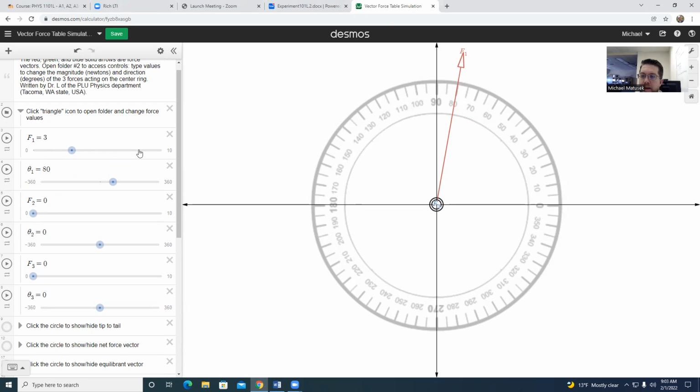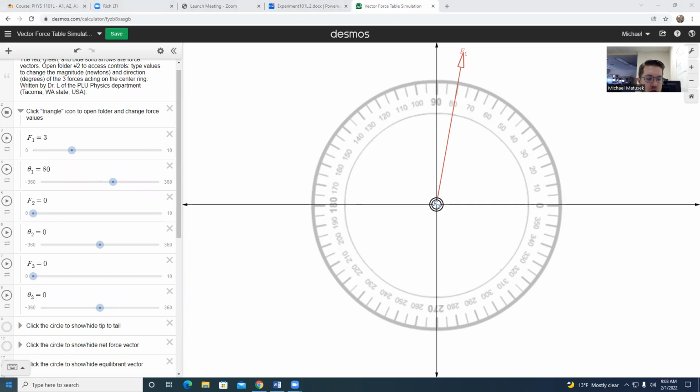How would we determine that? The way we would determine it is we would first determine the angle that F1 makes with the positive x-axis. In this case, it's 80 degrees. So we would want to take the cosine of 80 degrees and multiply it by the length of F1, and also the sine of 80 degrees and multiply it by the length of F1.